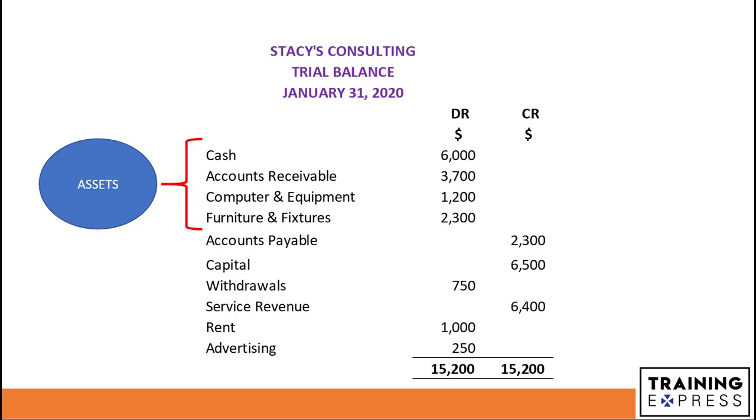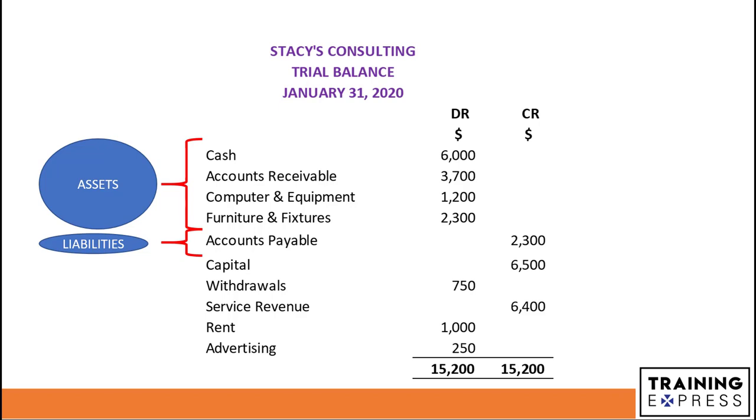Next one is accounts receivable, which will be converted to cash when we receive money from our customers. Then we have computer and equipment and furniture and fixtures. These two assets will not be converted to cash as such, rather they will be used in the business. After that, we have liability accounts.